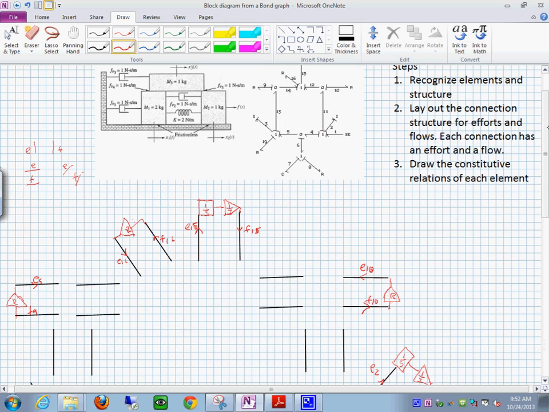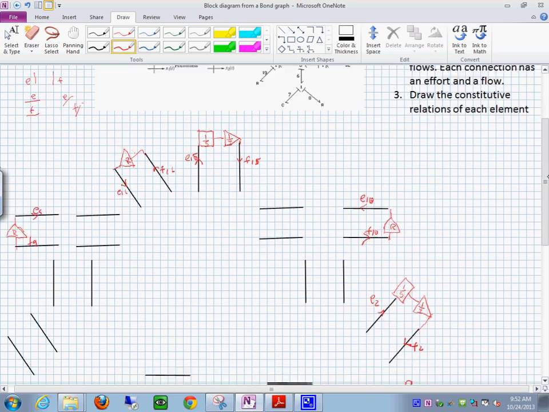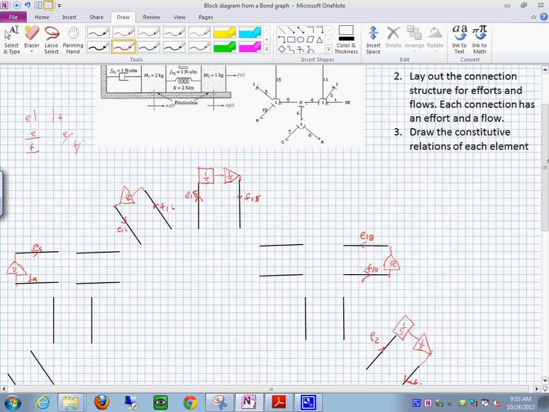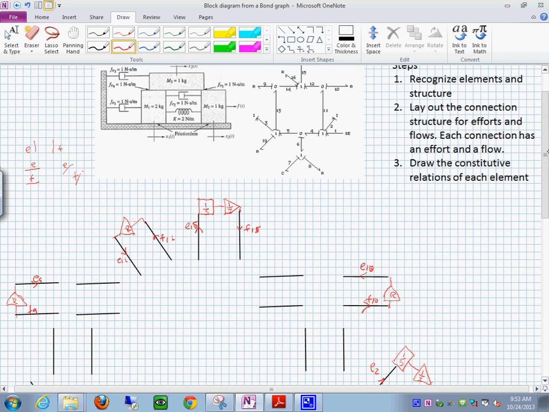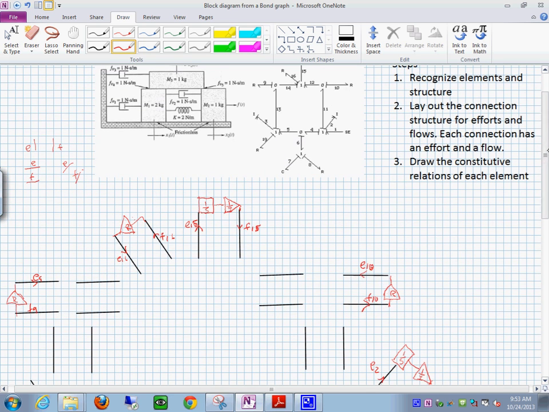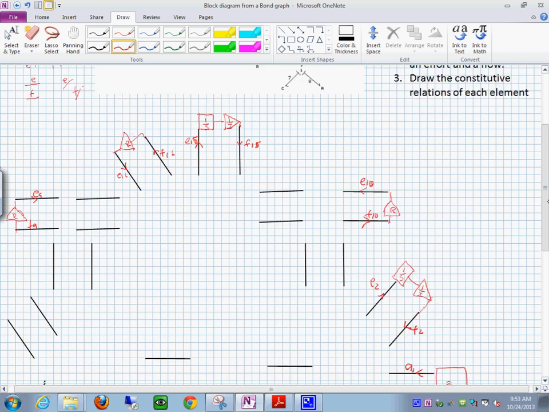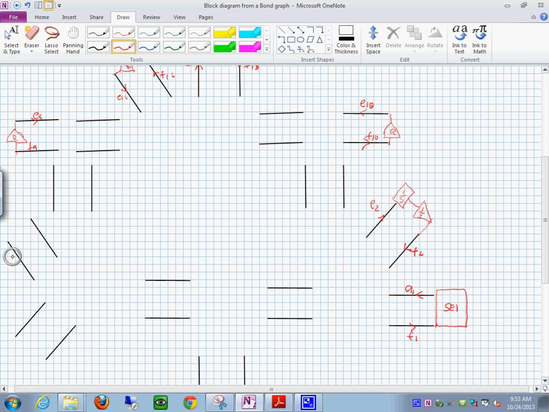So which ones haven't we done? The ones on the left, the I and the R element. So that is bond number 3 and number 19. So 3 is on the I in integral form. So the effort E sub 3 is the output, and the input is F sub 3 like this.